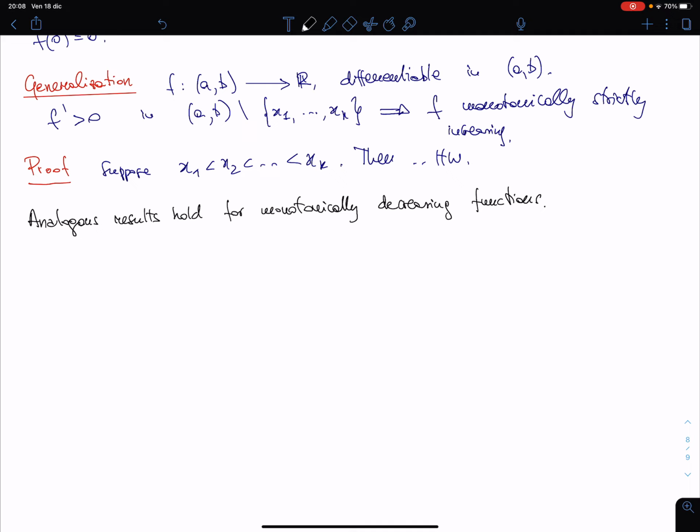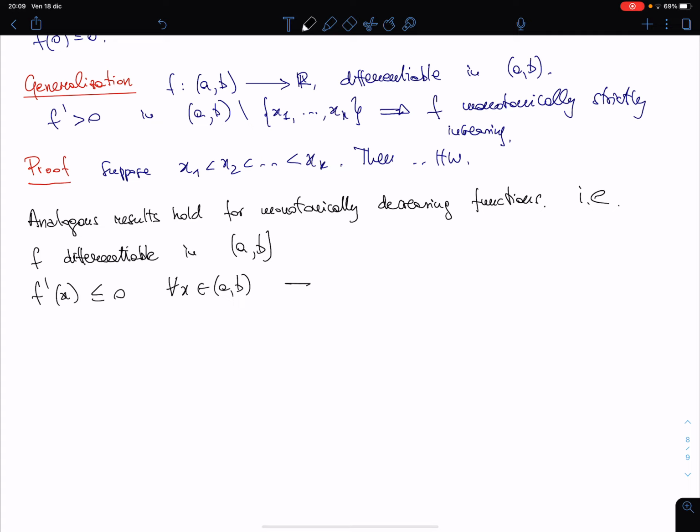So in particular, namely, f differentiable in AB and f prime of x non-positive for every x in AB implies and is implied by the fact that f is monotonically decreasing.